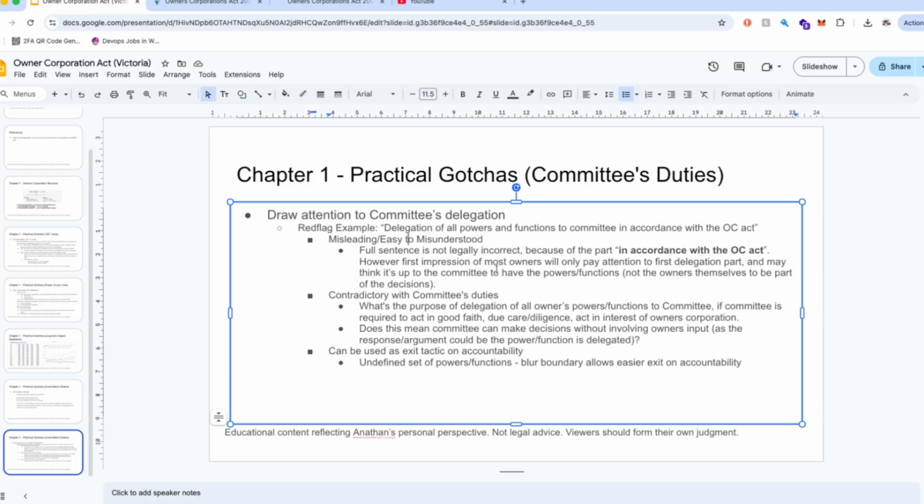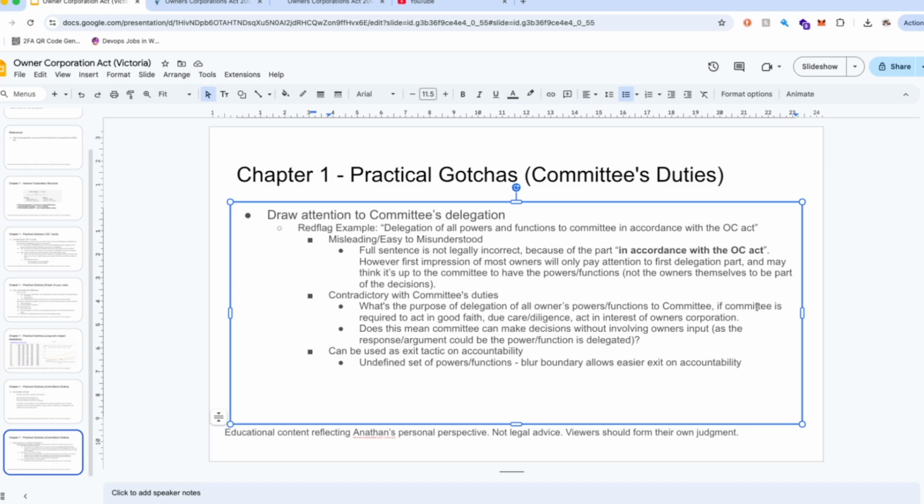Now the next part: this particular sentence itself is contradictory with the committee's duty. You can ask a question: what's the purpose of delegation of all powers? In this case, the OC consists of the owners, right? So it's basically delegating all owners' powers and functions to a committee.